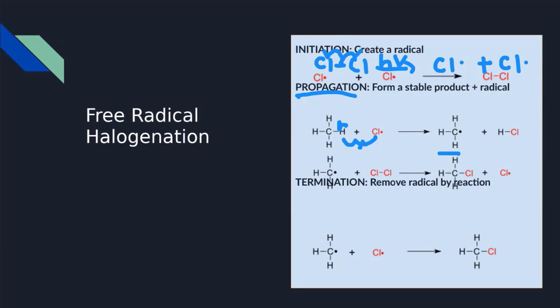This process does not end until termination, which is where we will remove those radicals through a reaction between 2 radicals, 2 molecules with radicals on them. Each of those molecules will donate 1 electron, and they can form a bond such that we have finally got a stable product. We're not going to be seeing any more propagation at this point, right?